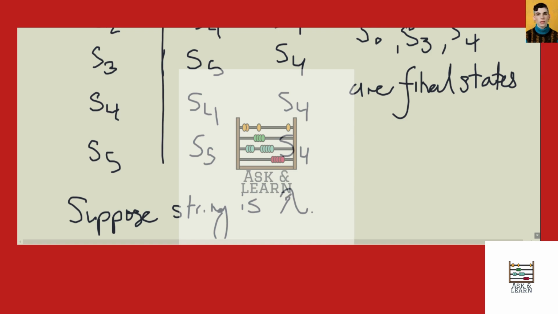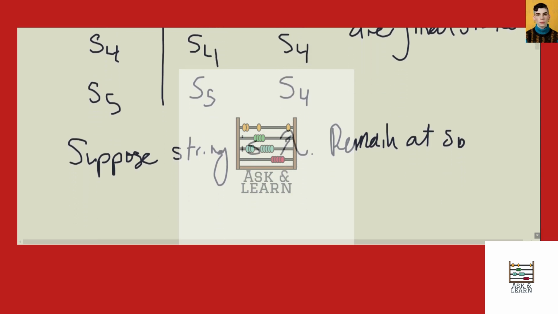Then we see that since we are starting at S0, we're of course remaining at S0, which is a final state. And so it follows that lambda is a subset of the recognized language.